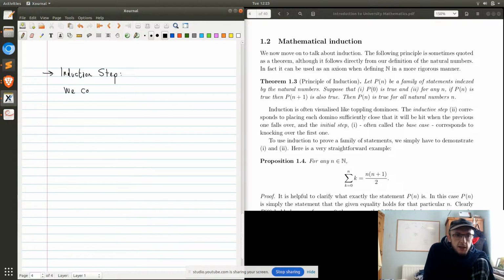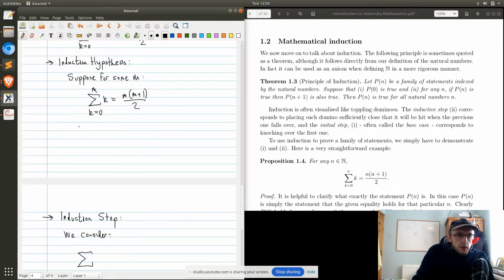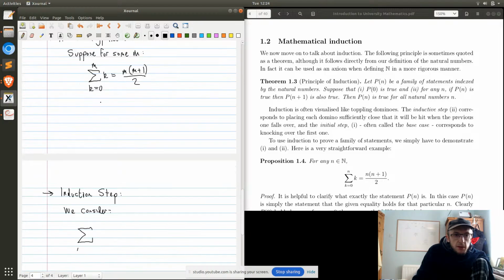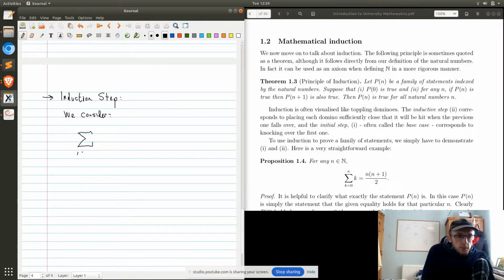We consider this, the thing that we're going to consider now, where we don't go from 0 to m, we go from 0 to m plus 1. Like, we're just saying, I wonder what this is, and I wonder what we can say about this.